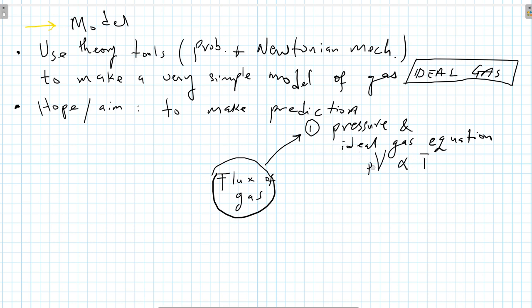Similar to the experimental observation that PV is directly proportional to T, this is something we're going to derive from this model of ideal gas.